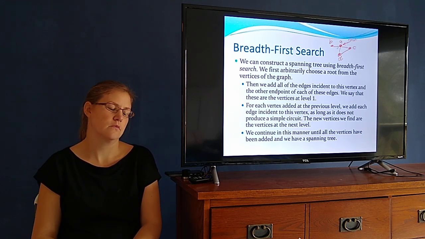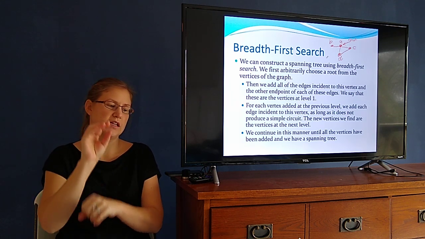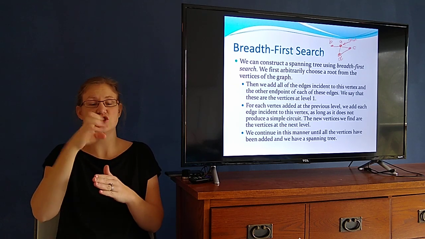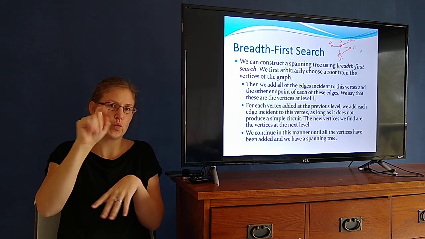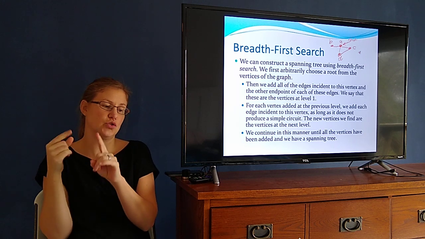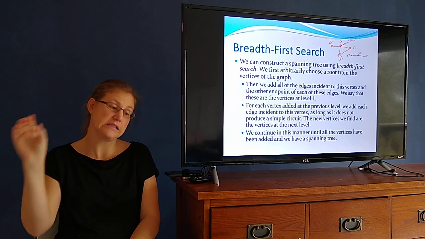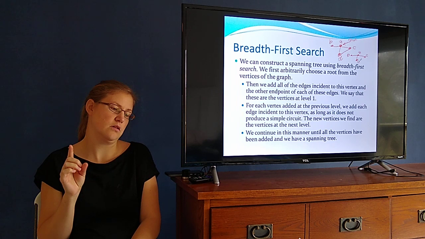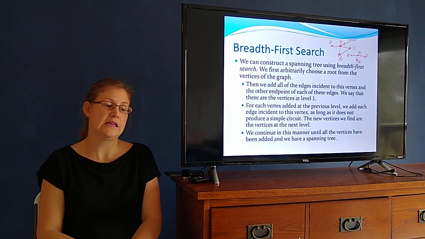Now, how do we construct a spanning tree using breadth first search? First, we add all of the edges incident to the first vertex that we chose, which is the root. So A is connected to B, C, and D. We say that we have visited the first level.